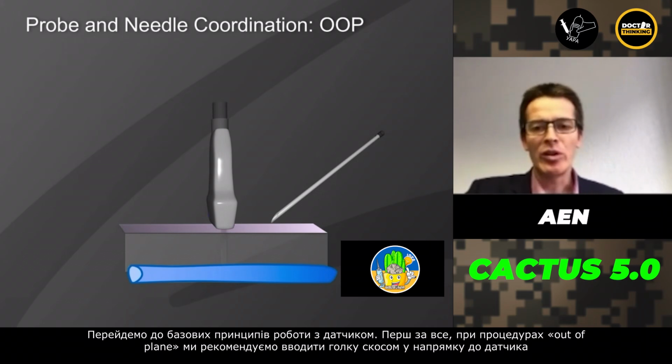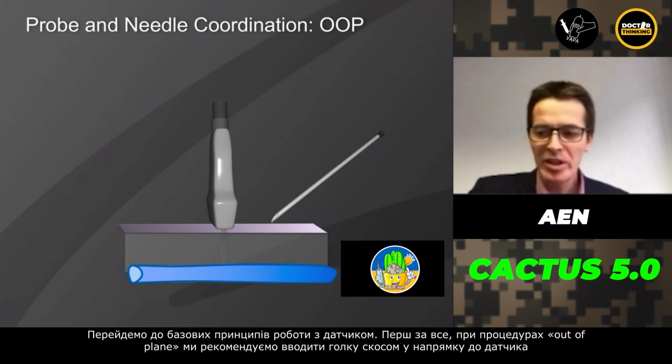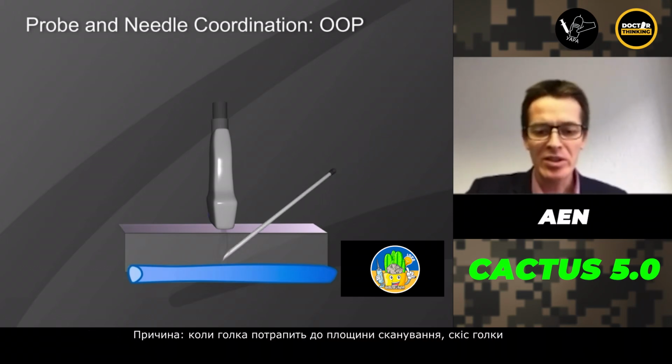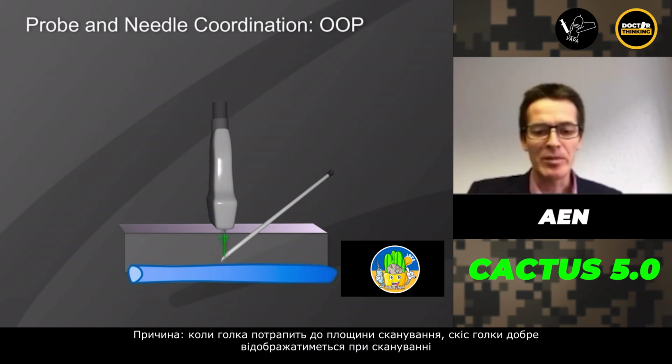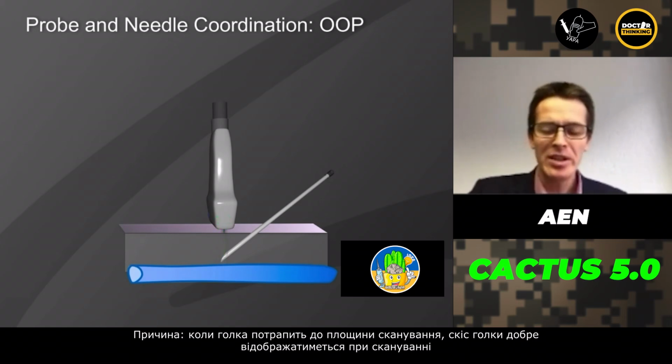First of all, in an out-of-plane procedure, we recommend to direct the bevel of the needle towards the probe. The reason is that once the needle gets into the scanning plane, the bevel of the needle creates a good reflection of the sound waves back to the probe.